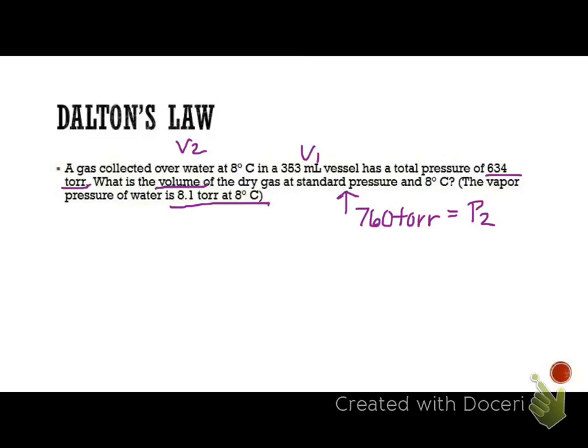So P2 is going to be standard pressure, so we actually have to go back and calculate what P1 is. We do that by subtracting our water vapor. We're looking for P dry gas, so we take this 634 torr and subtract out the 8.1 torr, and we get 626 torr.